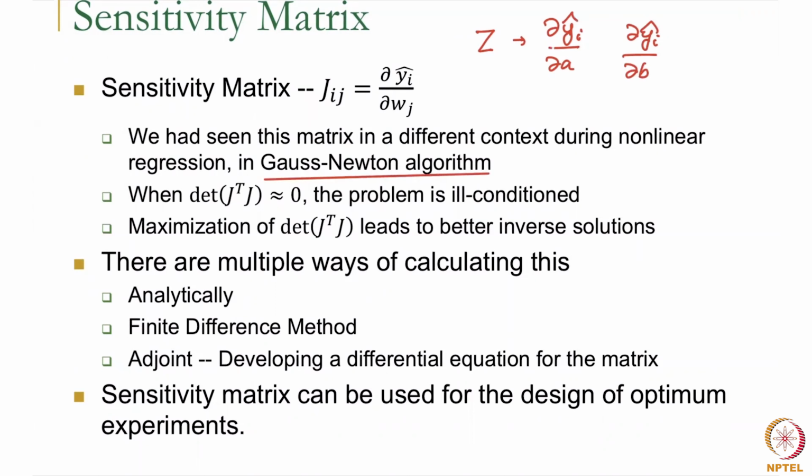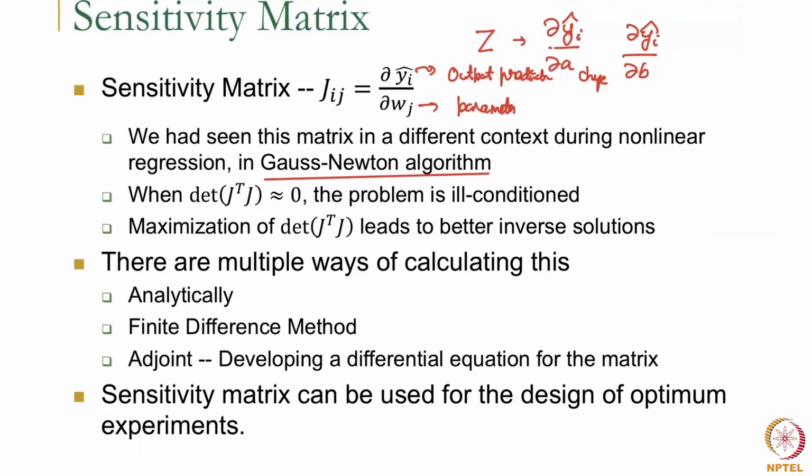If you do not, I request you to go back and take a look to find out how this Z arose. But let's look at what it physically means. It physically means how much the output prediction changes given a change in the parameter. So this matrix is called a sensitivity matrix.